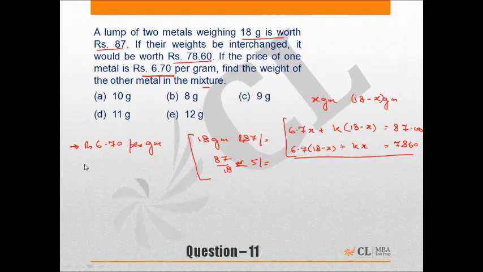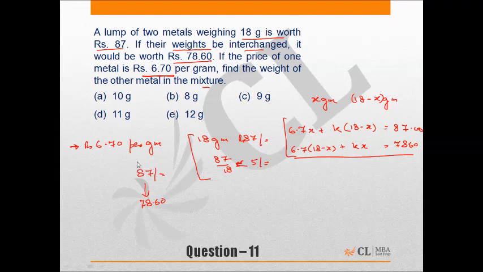Now it says initially the cost of the lump of two metals is 87 rupees. If their weights are interchanged, then it becomes 78.6 rupees. Why will the price reduce?